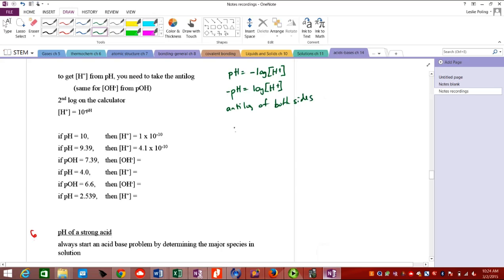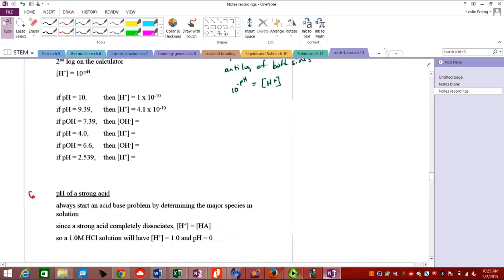And antilog is 10 to the... So when you take the antilog of a log, the log goes away. So what we're doing in the calculator is second log. So if pH is a whole number, it just becomes that negative exponent.